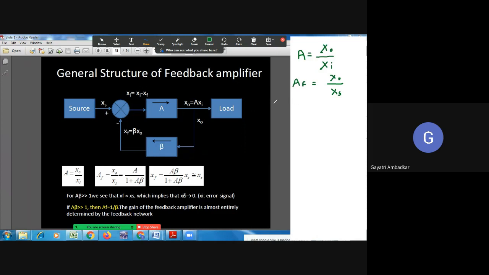Okay. Now for a positive feedback, what is XI equal to? This XI is equal to the input signal plus the feedback signal. Therefore, from this I can say XS is equal to XI minus XF.